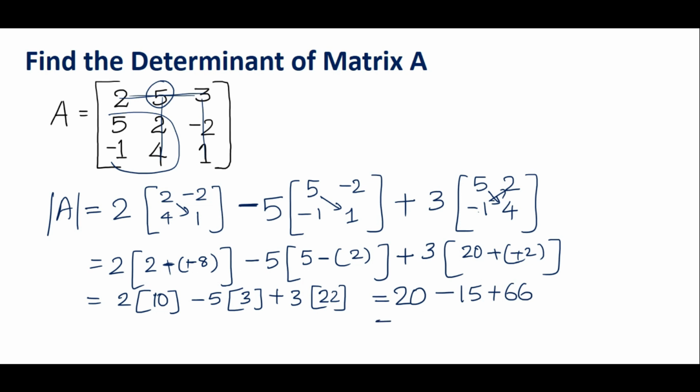So my final value here is going to be 20 minus 15 is 5, 5 plus 66 is 71.